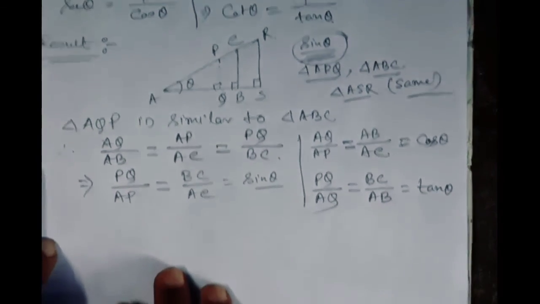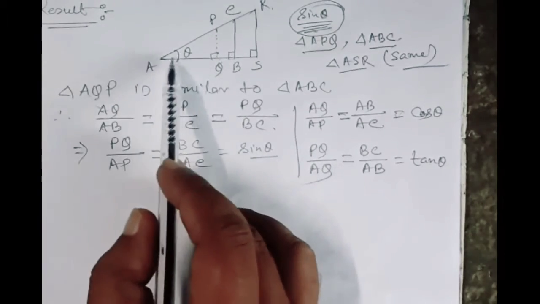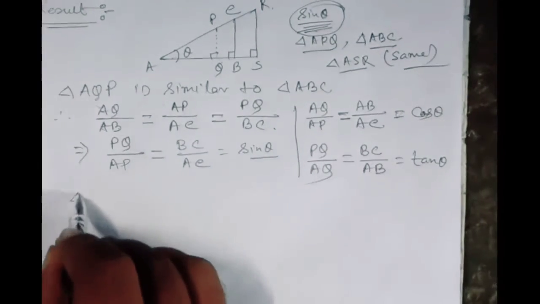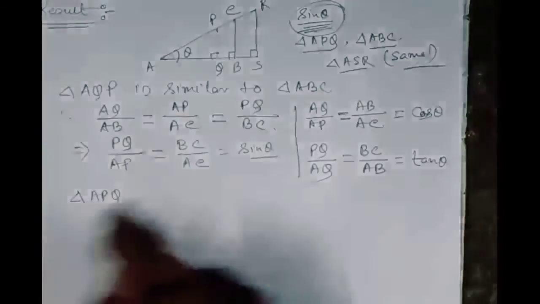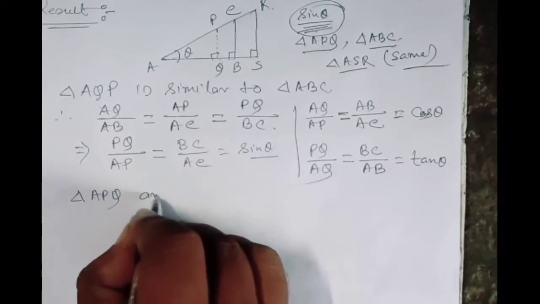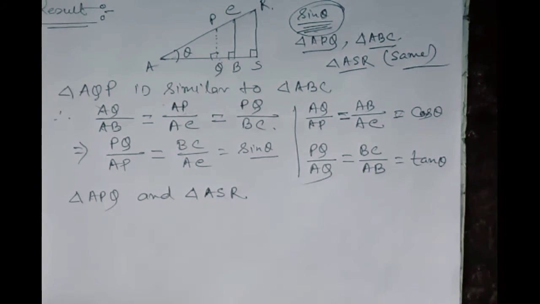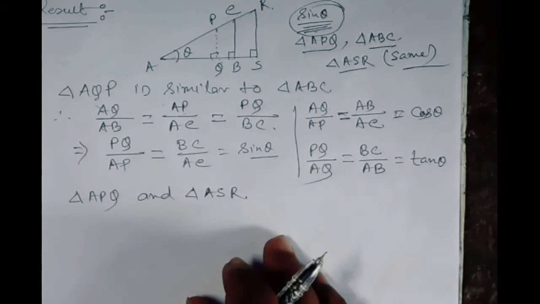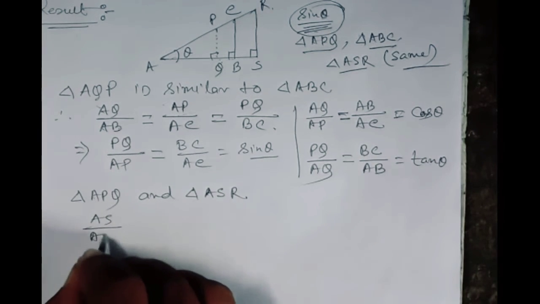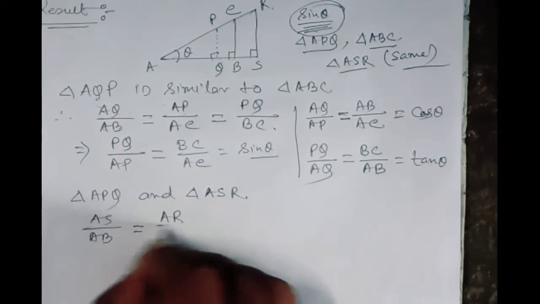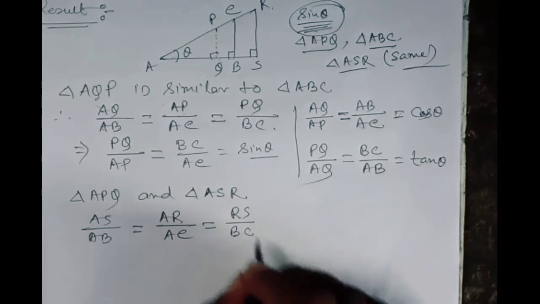Again, if this is produced to here, considering triangle APQ and triangle ASR, from these two triangles we are getting AS by AB equals AR by AC equals RS by BC.